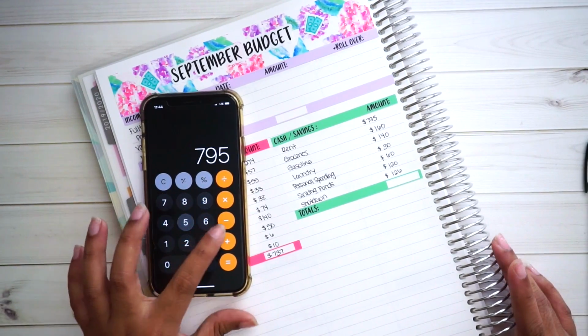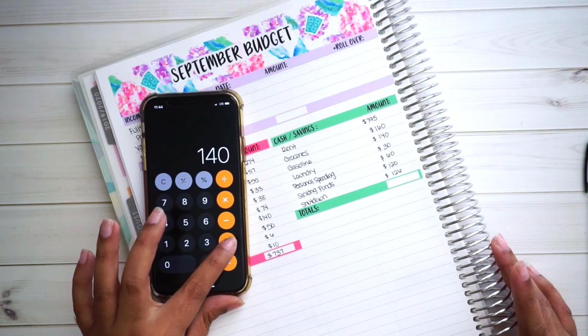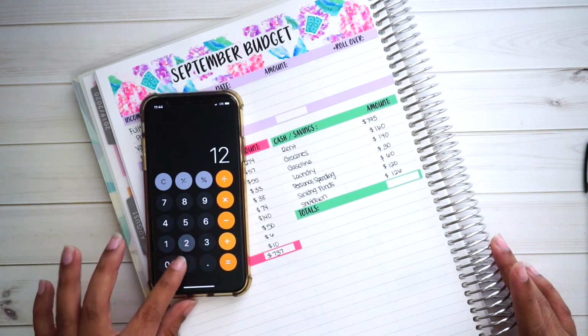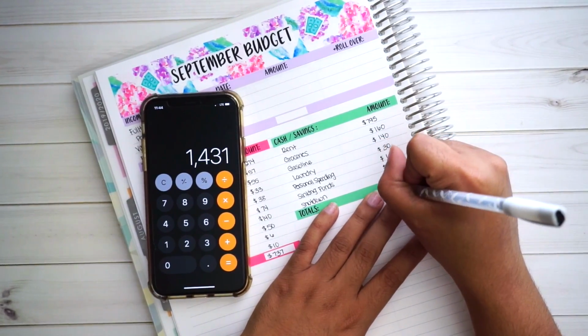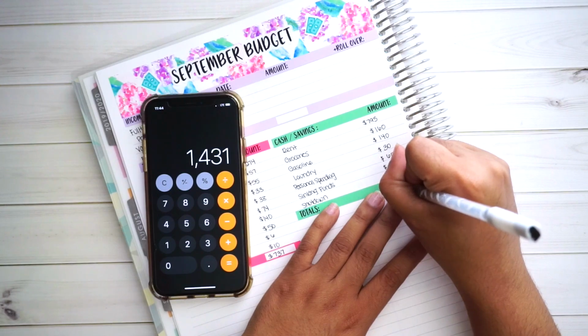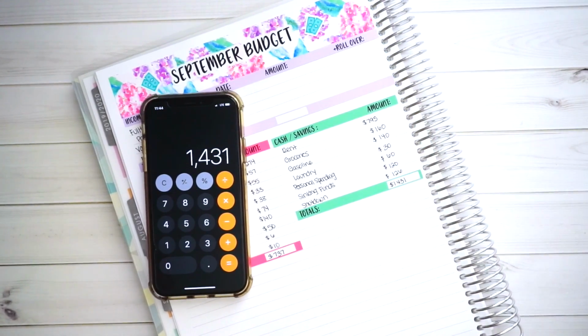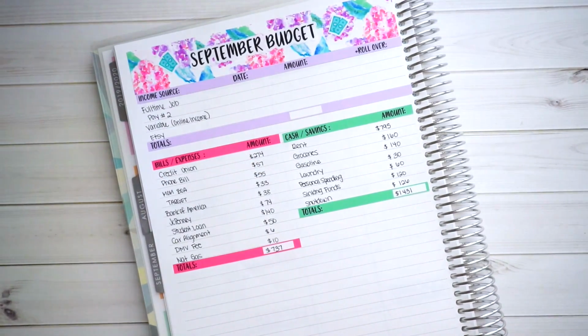So $795 plus $160 plus $140 plus $30 plus $60 plus $120 plus $126. I have a total expense of $1,431 in just regular household needs for the month.